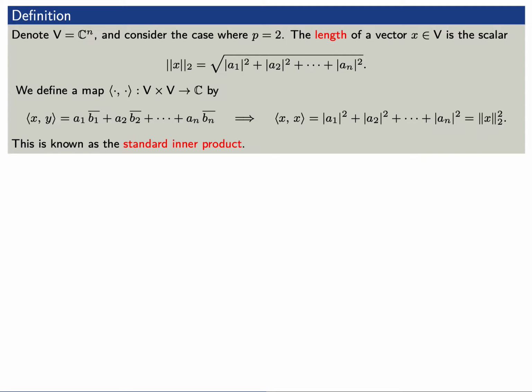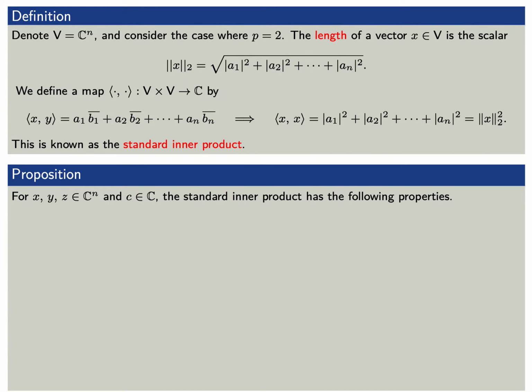This will be a sum: a1 times b1 conjugate, a2 times b2 conjugate, all the way through a sub n times b sub n conjugate. Again, we're starting with two vectors, x and y, and we're returning a scalar, a complex number. This is our angle bracket x comma y. This map here is known as the standard inner product.